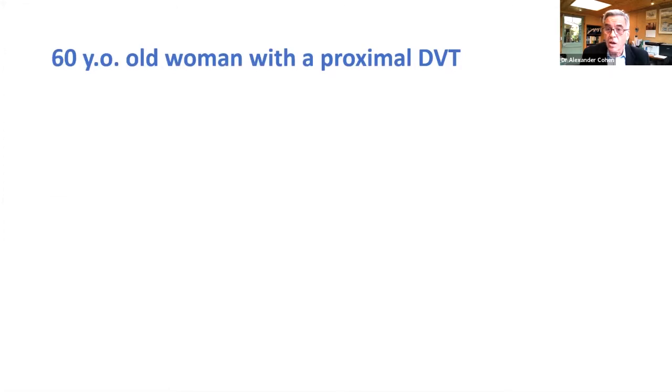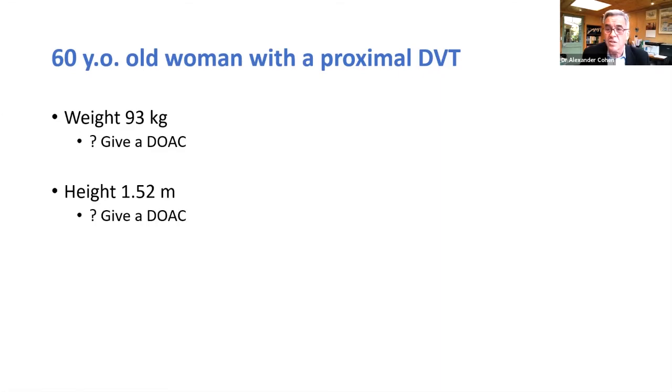Also a lottery for, say, a 60-year-old woman with a proximal DVT who weighs 93 kilograms. Are we going to give her a DOAC? Well, we might, because she's only 93 kilograms, but actually she's just over 1.5 meters. Are we going to give her a DOAC? Probably, but actually, no, we can't, because her BMI is 40.5. That doesn't make sense to me either.